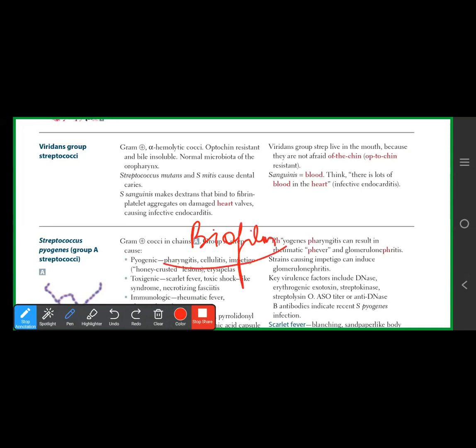They have biofilm production, the virulence, and that is going to adhere to the tooth enamel, and it's also going to have fibrin platelet aggregates. Okay, these fibrin platelet aggregates are going to go and damage your heart wall, because they're going to produce a very insoluble polysaccharide.